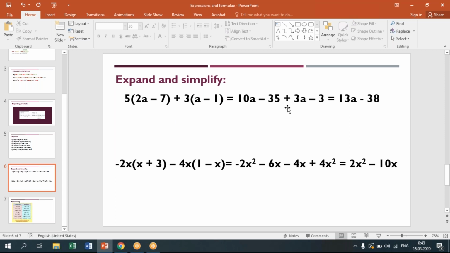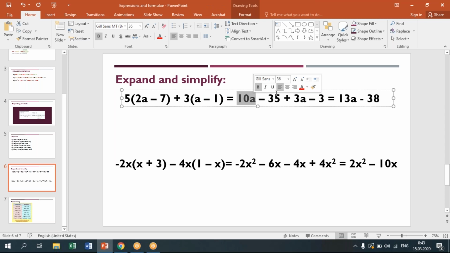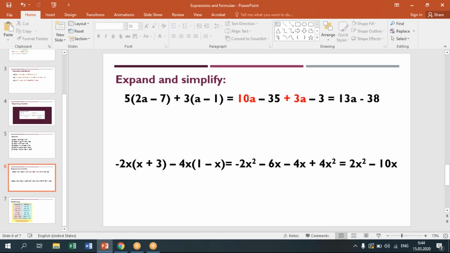And right now, we can easily collect like terms. The same terms, it's 10a and 3a. They're similar. 10a plus 3a, 13a.